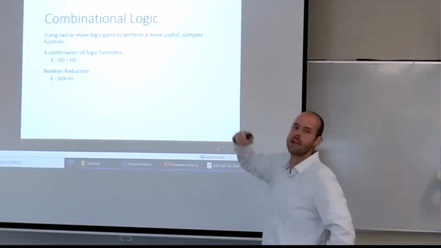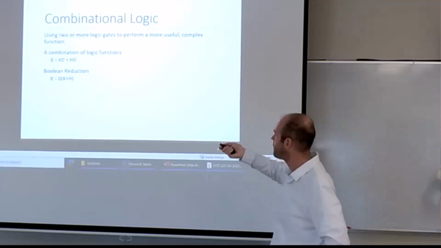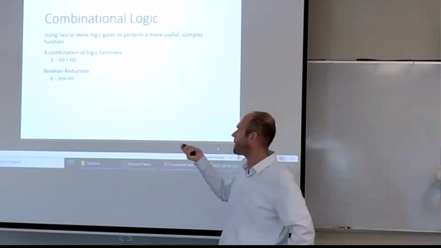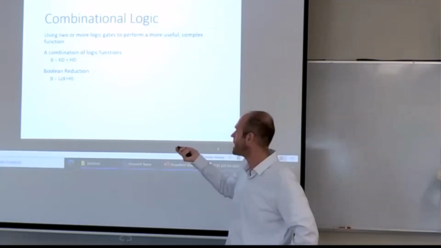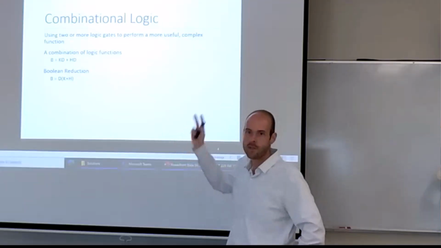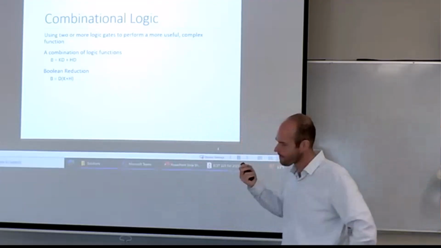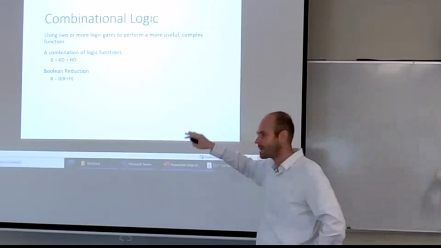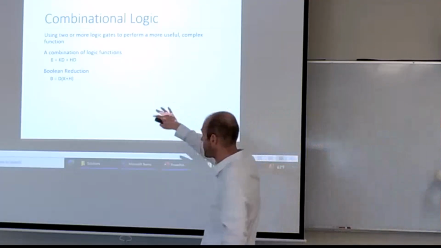Three, exactly. We have two AND gates and an OR gate between them. Whereas if we factor out a D, which is just an algebraic operation, we have D ANDed with K or H. So how many logic gates in that one? Two, right?